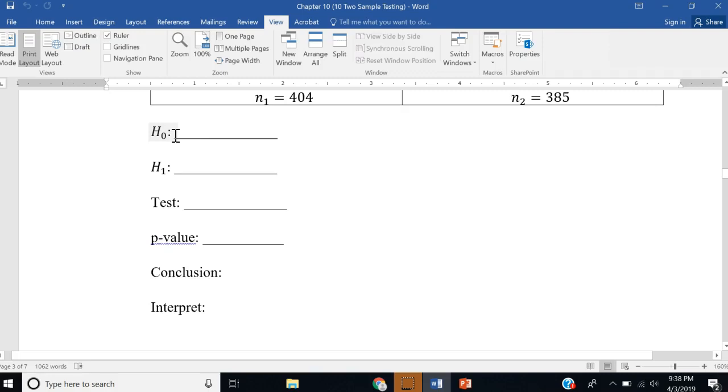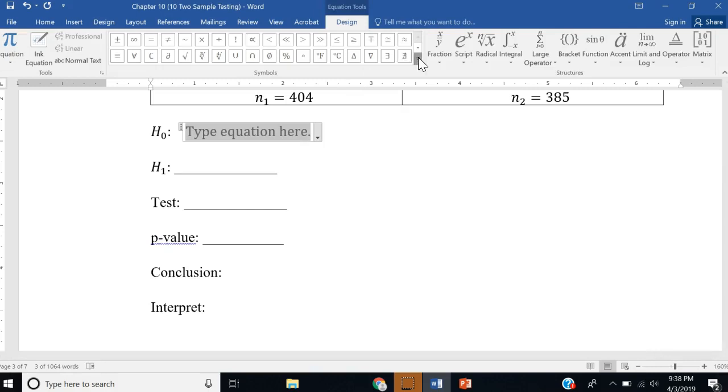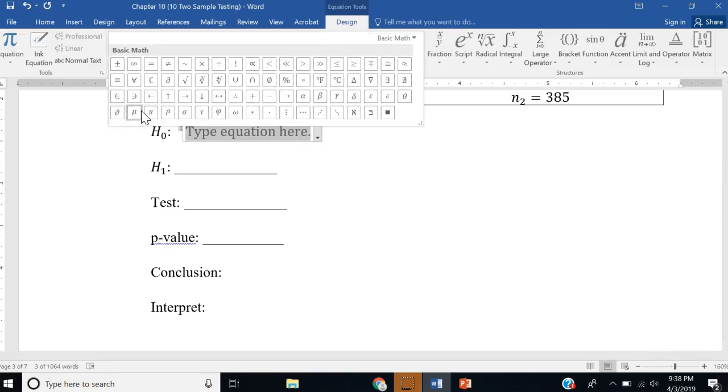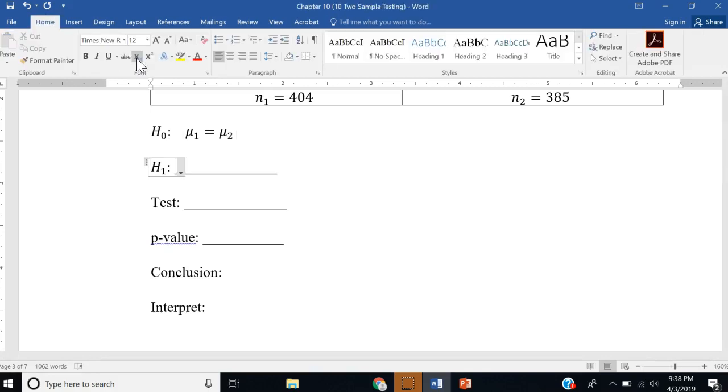So here's what we do. The null hypothesis is the statement that the average for group 1 is equal to the average for group 2.